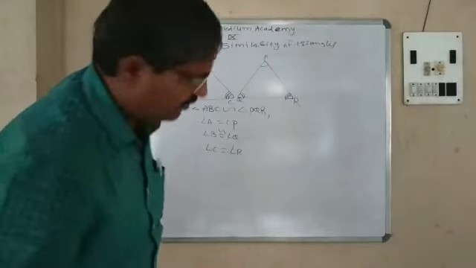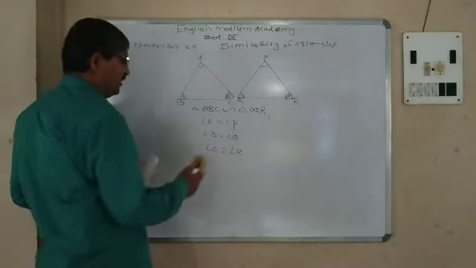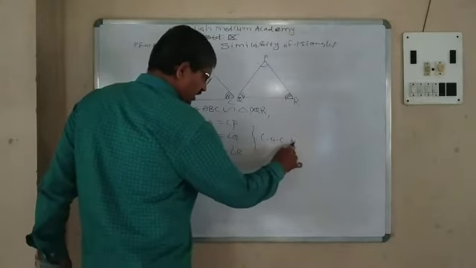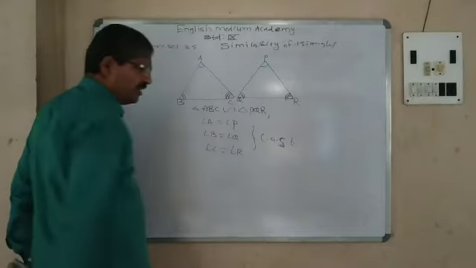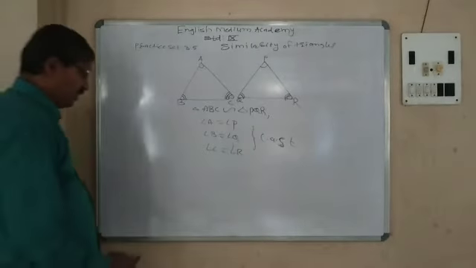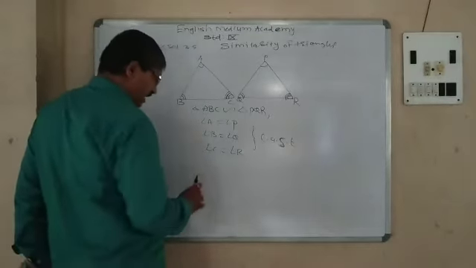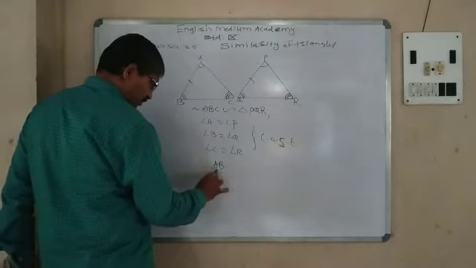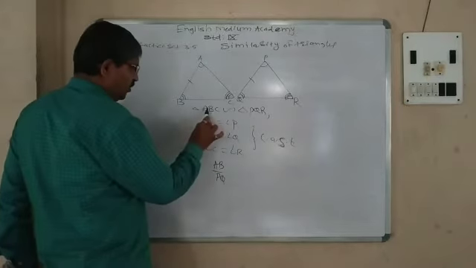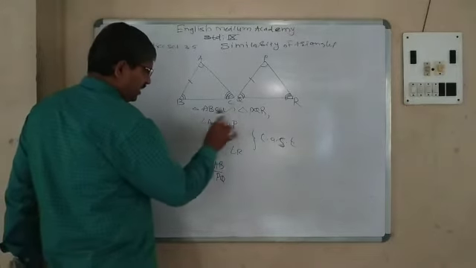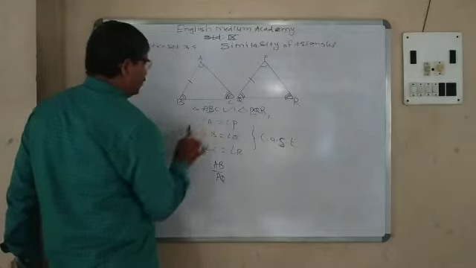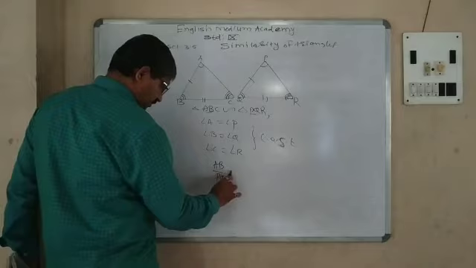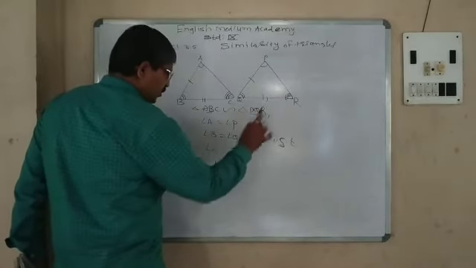Don't write the congruent sign, so cancel this. Here you write corresponding angles of similar triangles. Now we have to write the sides. AB upon PQ, first and second. BC upon QR, second and third.